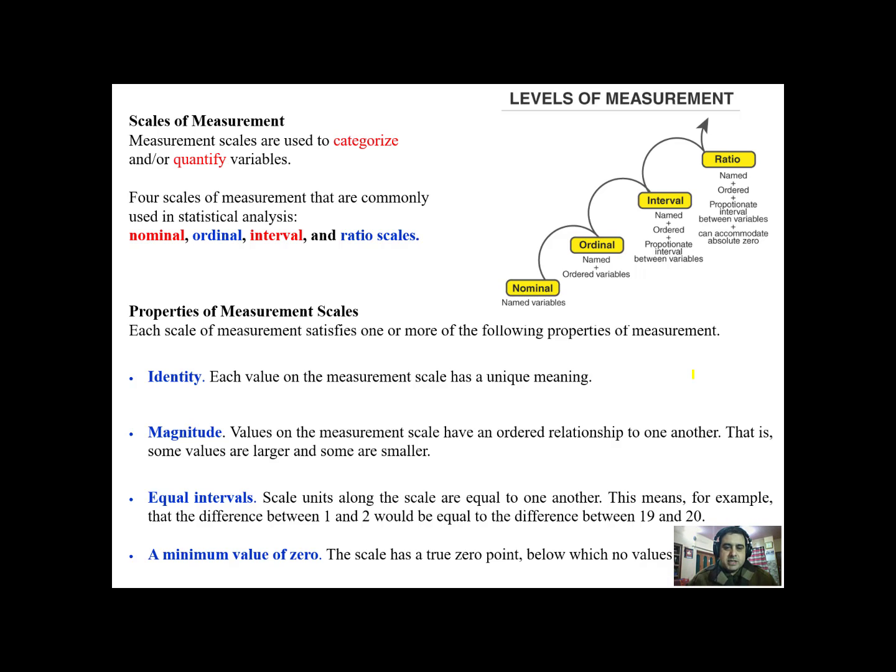Each measurement scale has to have at least one property that will enable it to qualify as a scale of measurement. The first property of measurement scale is identity. It must have a unique meaning.